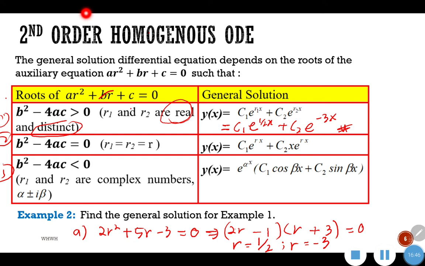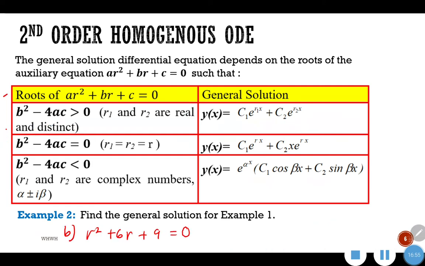That is with regard to example 1's auxiliary equation. Now let's proceed to 2B. For 2B we have r square plus 6r plus 9 equals 0. This one is easier. You can factor it into r plus 3 times r plus 3 equals 0. Right? If you multiply it out, you will get r square plus 6r plus 9. So in this case, which case does it refer to? Case number 1, 2 or 3?